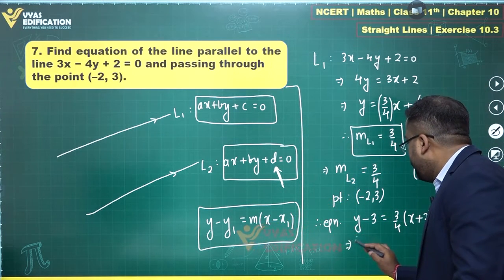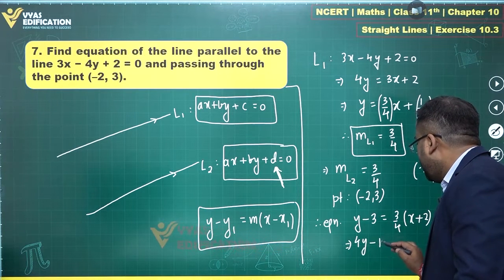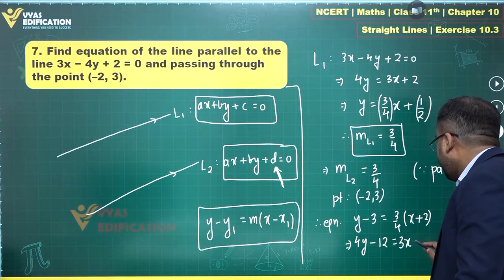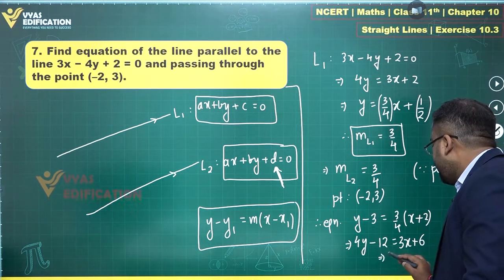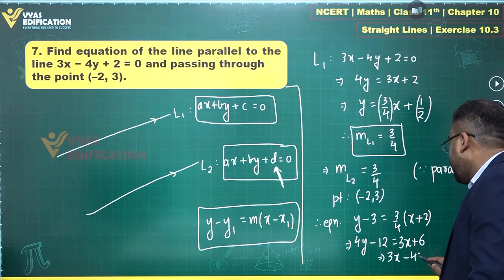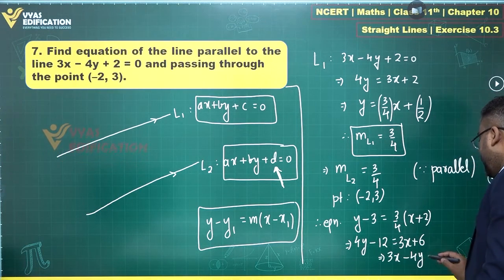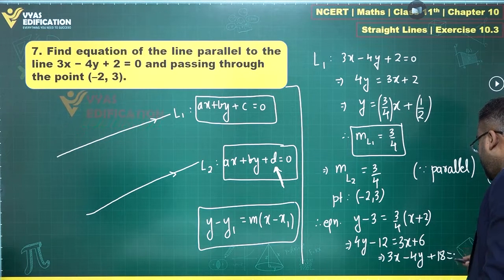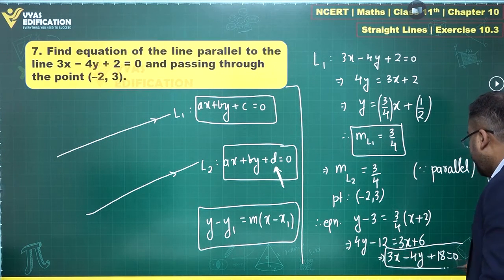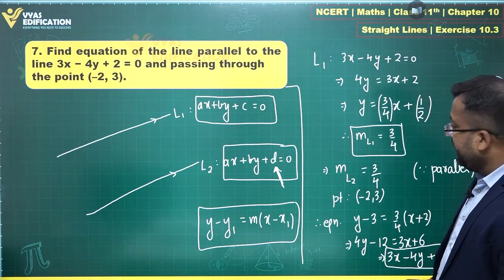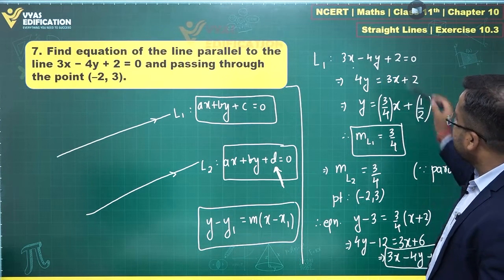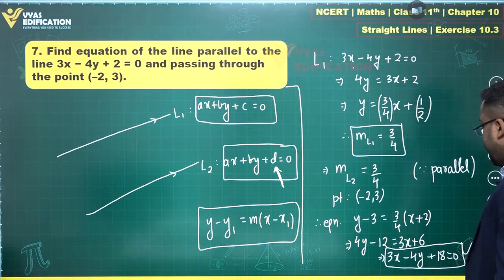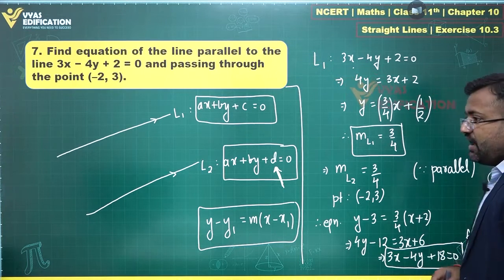This further gives 4y minus 12 equals 3x plus 6, and this simplifies to 3x minus 4y plus 18 equals 0. This is what you get, and that's my answer for this question.